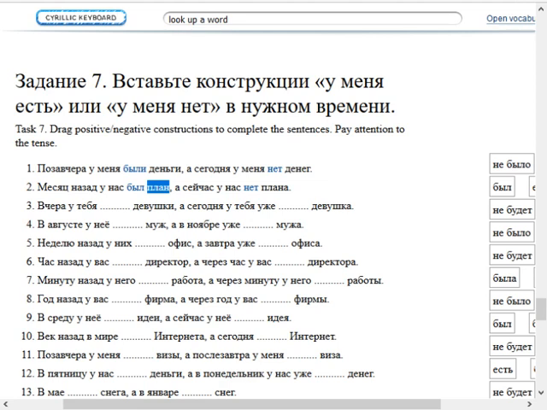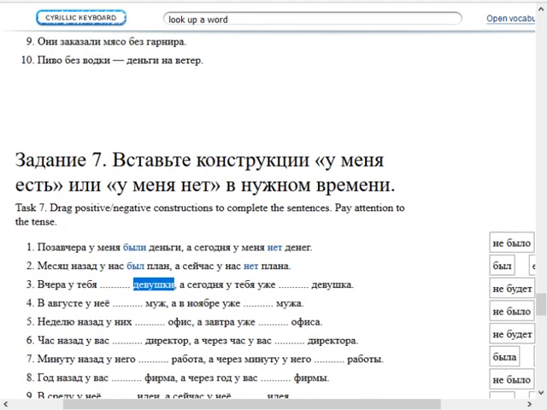Wait, hold on, девушки, I think the point is here. Oh, I get it. Sorry, I got it mixed up. Девушки is not plural of girl. It's not girls.